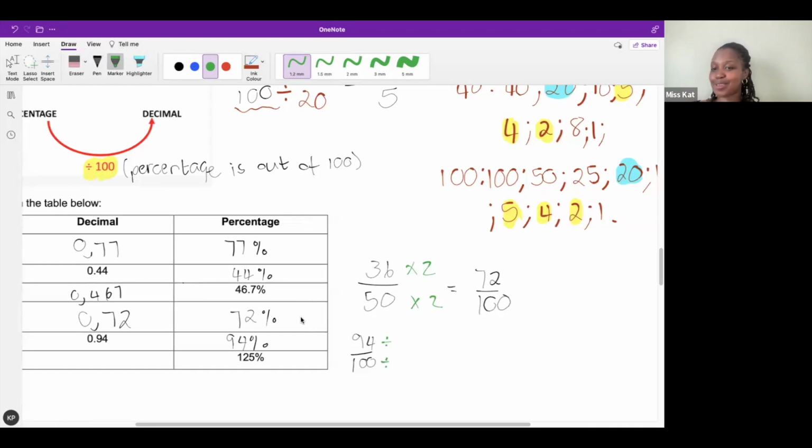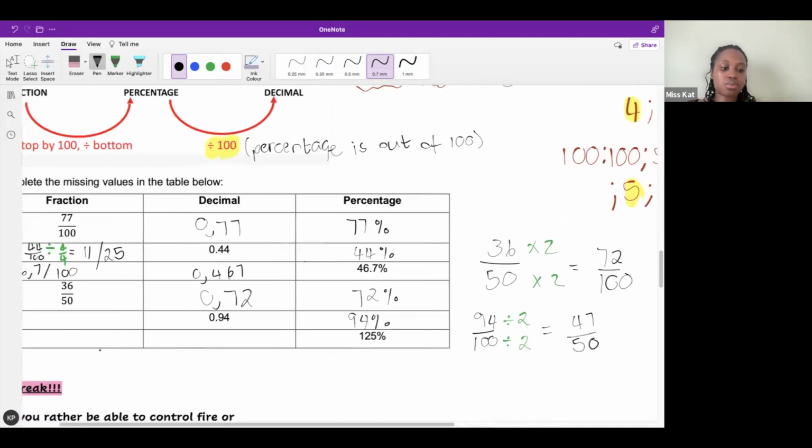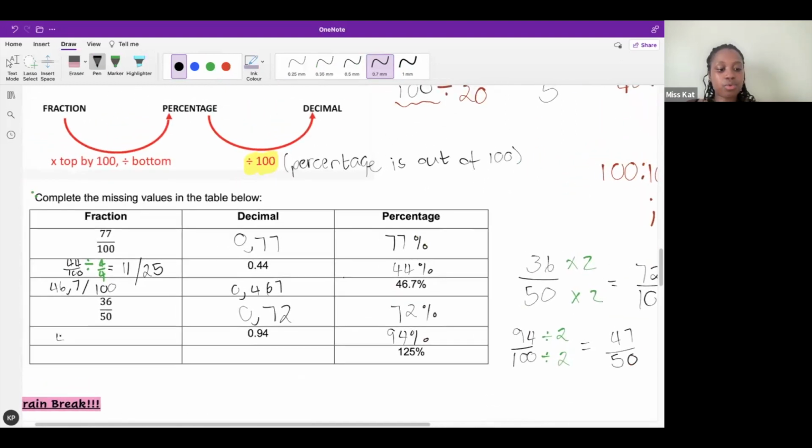That's a very big clue. I can divide them both by what, guys? By 2, because they're even numbers. So then what is 94 divided by 2? Thank you. It is 47 over 50. So this will then be 47 over 50.